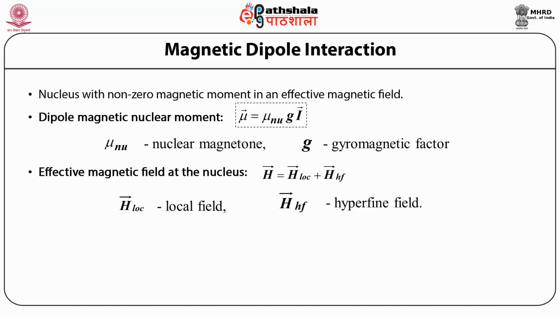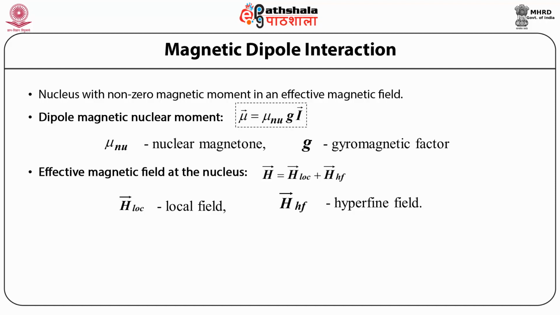Basically, due to this magnetic hyperfine interaction, as we discussed in quadrupole splitting, the ground state of iron, whose spin is half, remains a singlet if there is only quadrupole interaction. But if the magnetic interaction comes into play, then this singlet splits into a doublet, plus half and minus half.